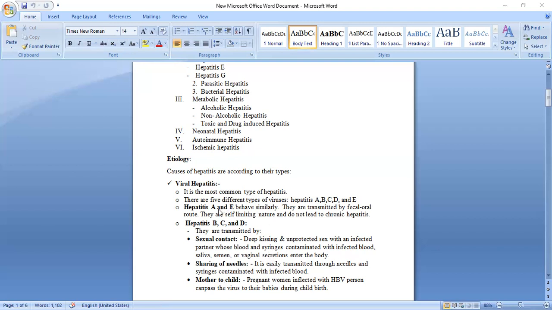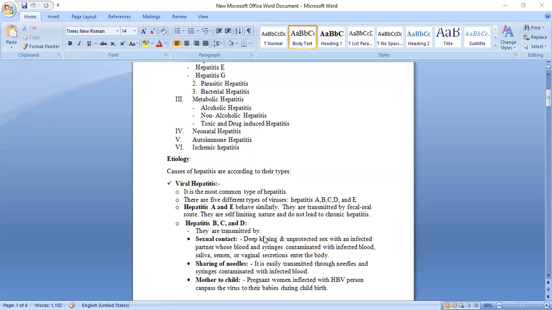For A and E, the main cause is the fecal oral route, mainly transmitted through water or through flies on open food material. These cause only acute hepatitis. It will not lead to chronic hepatitis.